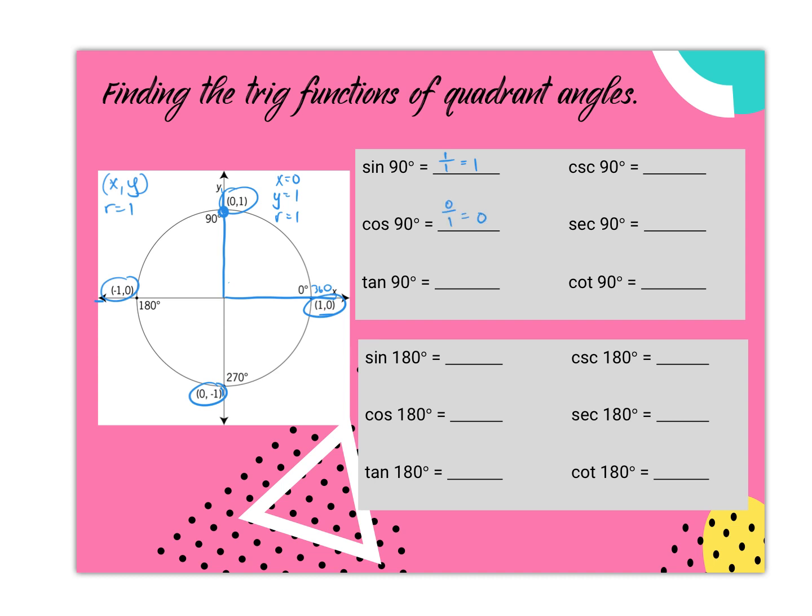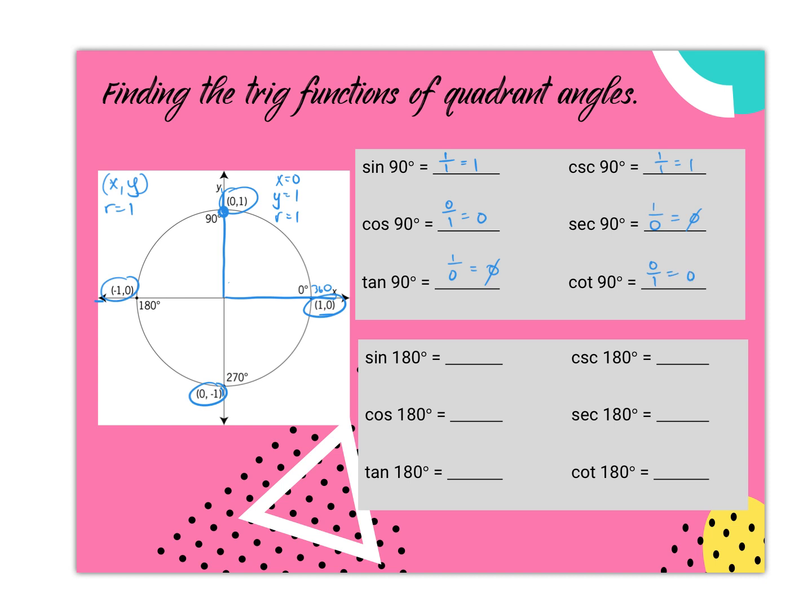Your tangent is y over x, and 1 over 0 is undefined. Your cosecant is your sine flipped, so it's still 1 over 1 or 1. Your secant is your cosine flipped, so 1 over 0, which is undefined. 0 can be in the numerator, but 0 cannot be in the denominator. And your cotangent is 0 over 1, which is 0.